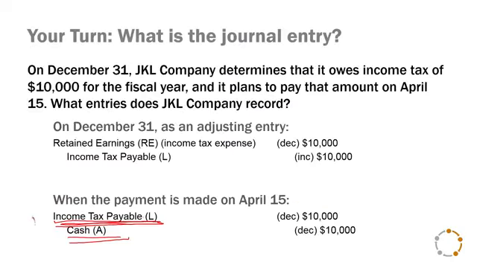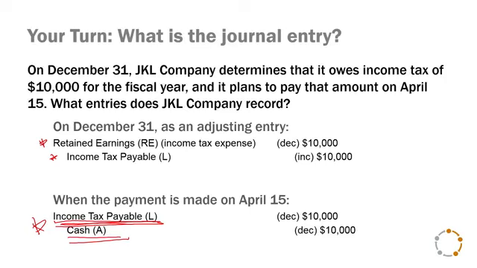Recall that with deferred revenues and expenses, the cash effect occurs first, and then the adjusting entry occurs. But with accrued revenues and accrued expenses, the revenue and the expense are recorded first, and the cash effect occurs in the future. So here we have the cash effect occurring in the future. So this would be an accrued expense, and we're accruing the expense by recording it here with a corresponding liability associated with it.